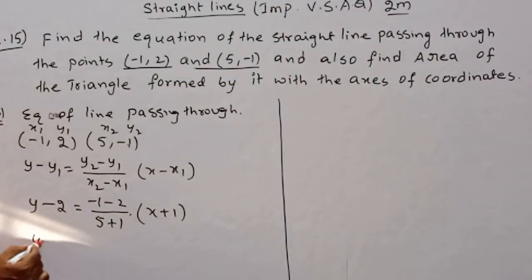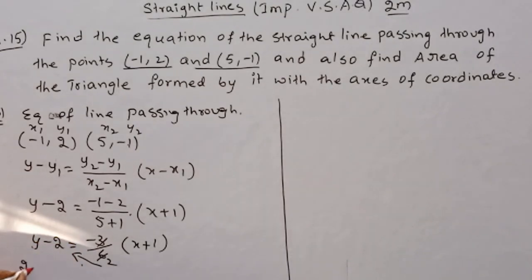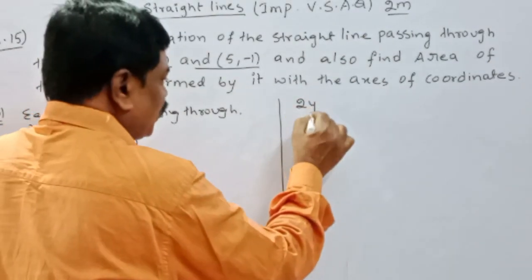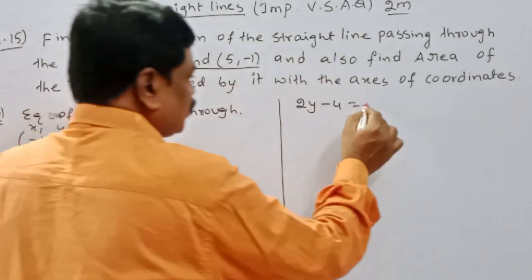Okay, all of you. Y minus 2 equal to minus 3 by 6 into x plus 1. By cross multiplication, 2 of y minus 2 equal to minus of x plus 1. So 2y minus 4 equal to minus x minus 1.